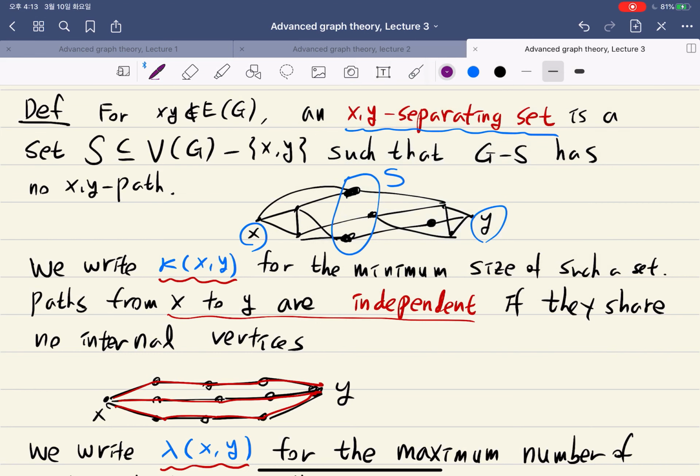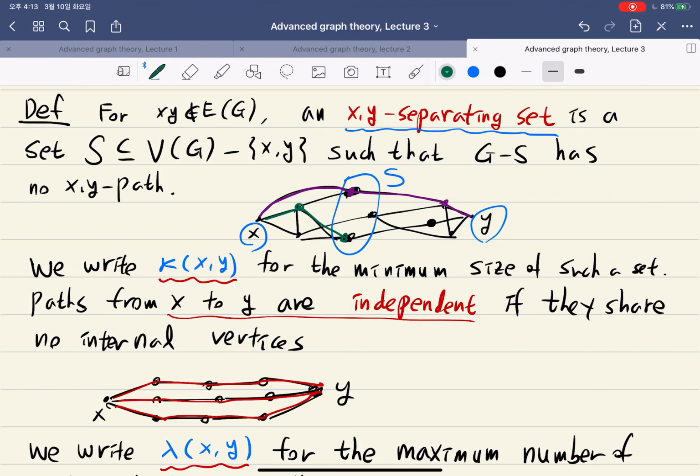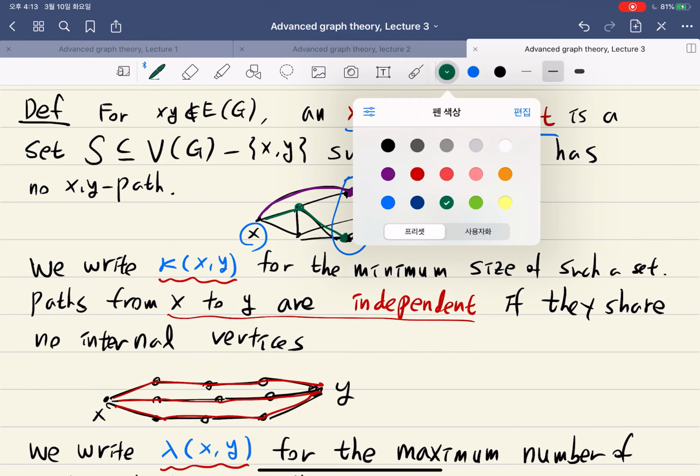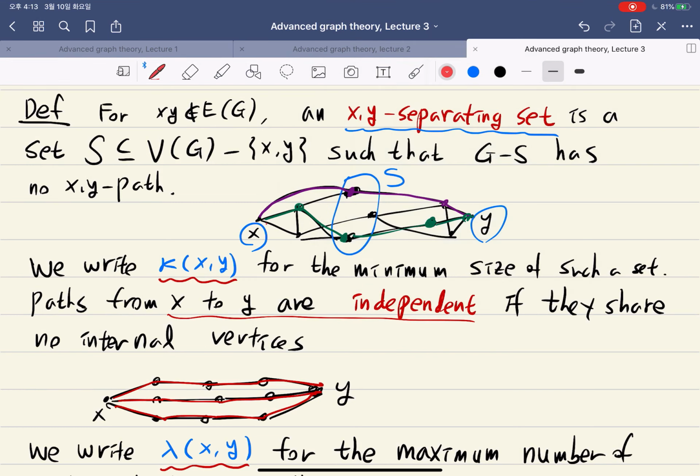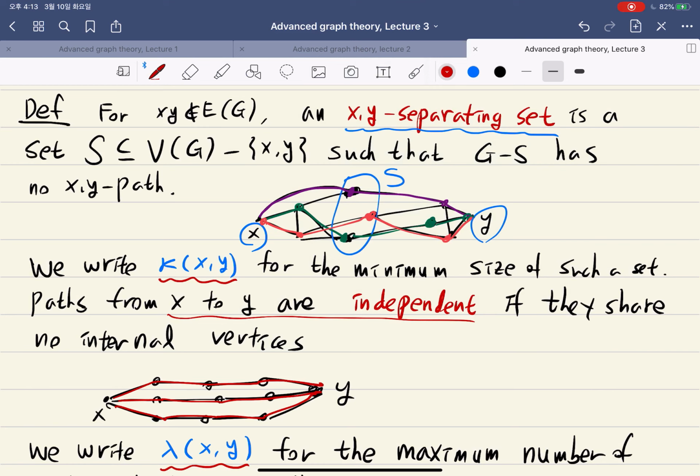So for example, in this graph, if you take this one path, and another path, and this another path, as they don't share any internal vertices, they are independent paths from x to y.